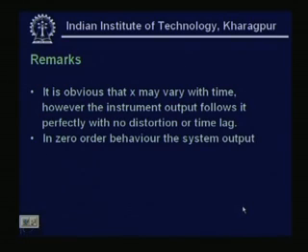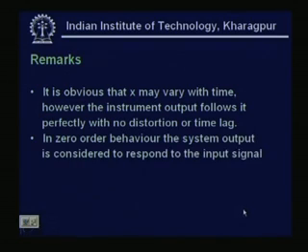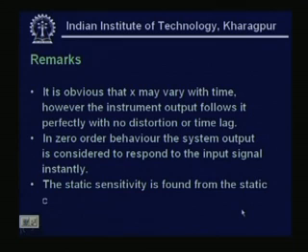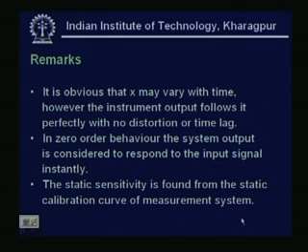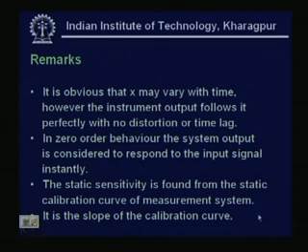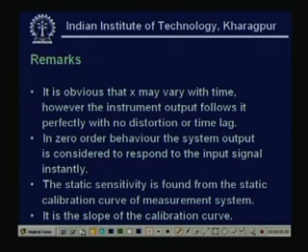Now, in zero order behavior, the system output is considered to respond to the input signal instantly. The static sensitivity is found from the static calibration curve of the measurement system. It is the slope of the calibration curve. What does that mean?